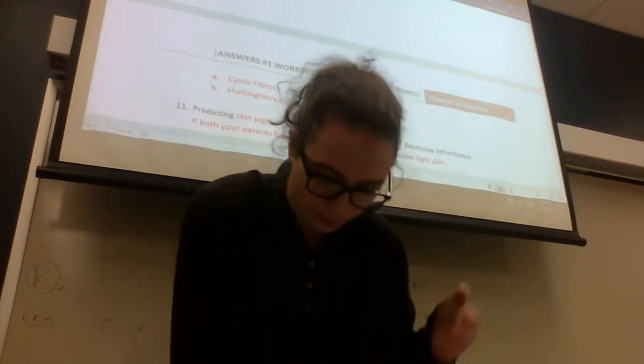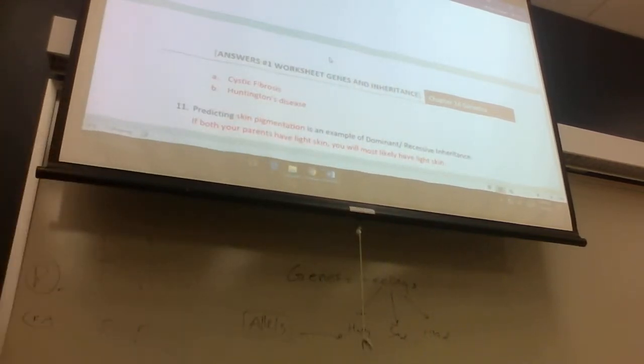You might want to take out the word dominant. I think I was just asking for examples, but Huntington's and cystic fibrosis would be a case where if you got the two lowercase ones, then you'd have the disease. They'd be recessive. So if the disease is recessive, if you get those recessive alleles, the lowercase ones, versus the uppercase allele.